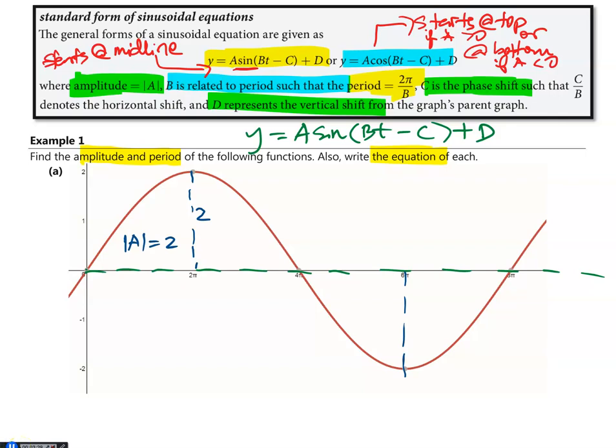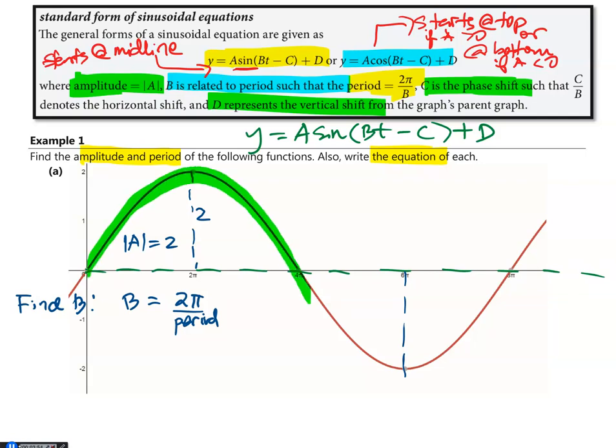So meaning the amplitude, the absolute value of a, is equal to 2. So next is, how do we find b? So we know that b is equal to 2 pi over the period. And take a look at this. One period of a sine, this is your sine graph, is from 0 to 8 pi.